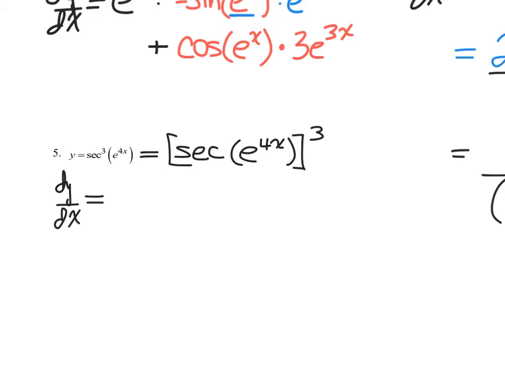At least think of it this way, so then it becomes clear or clearer how the chain rule is going to take effect here. So it's something to the third power, so 3 times that something to the second power.